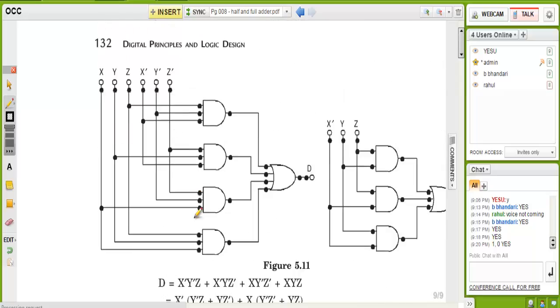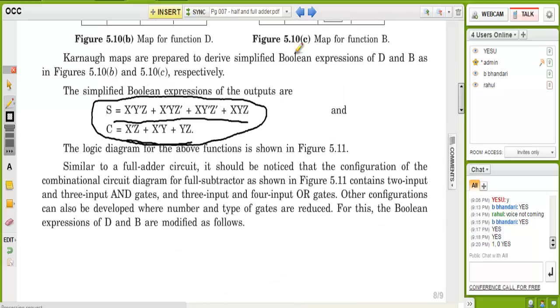Just seeing this output from the Karnaugh map, because see, we have to multiply x bar, y bar, z. That means we have to introduce one AND gate whose inputs will be x bar, y bar and z, and again we need another AND gate whose inputs will be x bar, y, z bar.